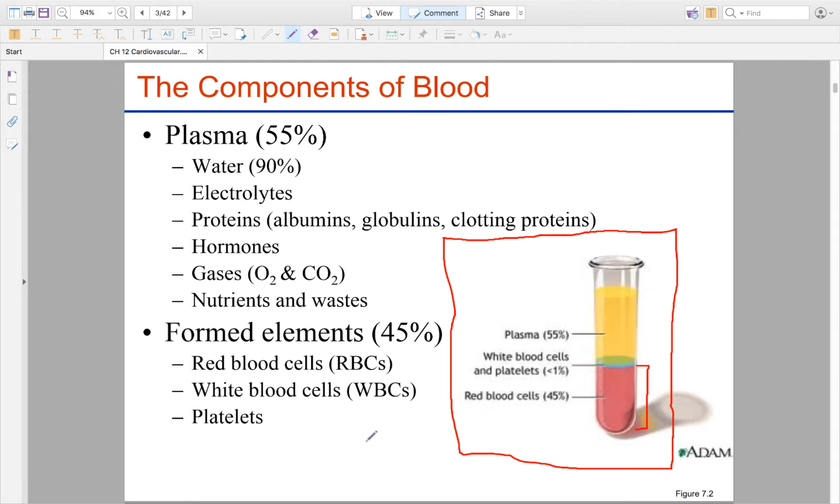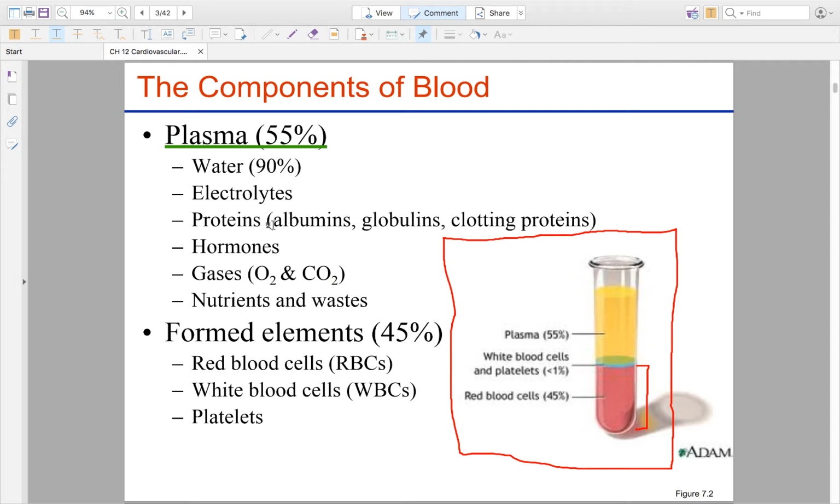Our blood is composed of plasma, and that makes up 55% of your blood. What is plasma? Plasma is water, electrolytes, and proteins such as albumins, globulins, and clotting proteins.